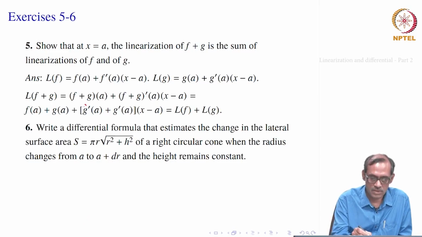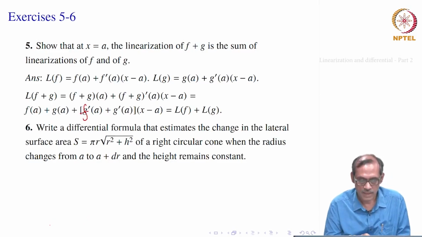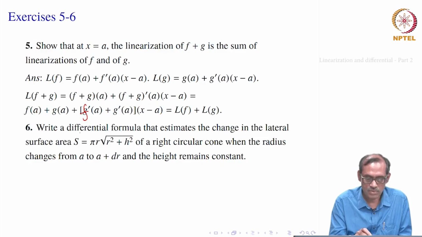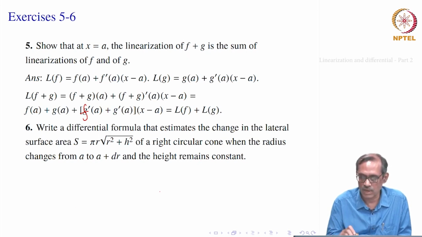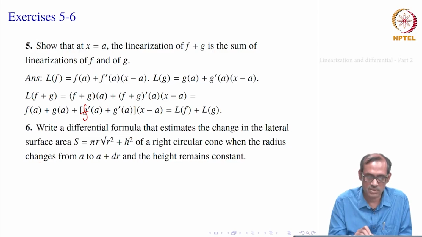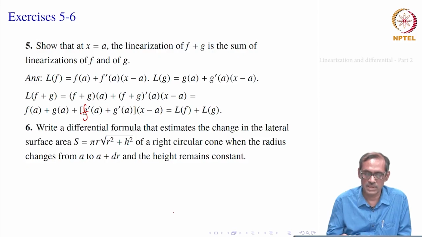Okay. So, let us go to the next problem. It asks to get a differential formula that estimates the change in the lateral surface area of a right circular cone when the radius changes from a to a plus dr, but the height remains constant.